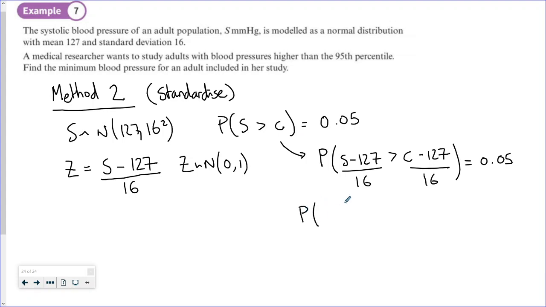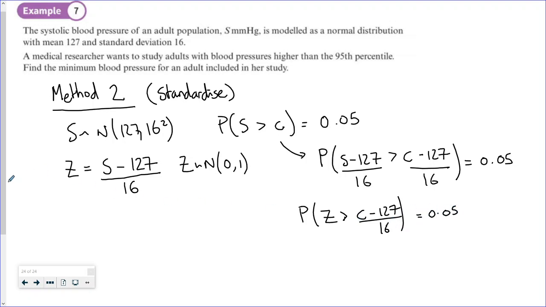Well, the reason why we've done that is because this random variable on the left is our Z random variable, which follows the normal 0, 1 distribution. And let's leave this just as a value which we're trying to find. Let's leave it as it is, and we know that that's equal to 0.05.